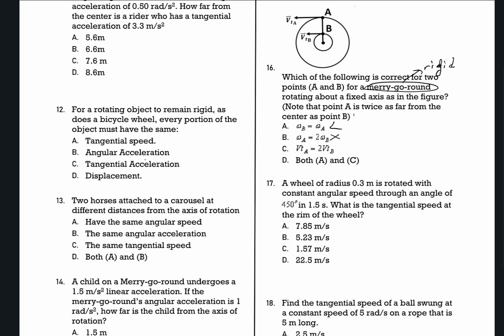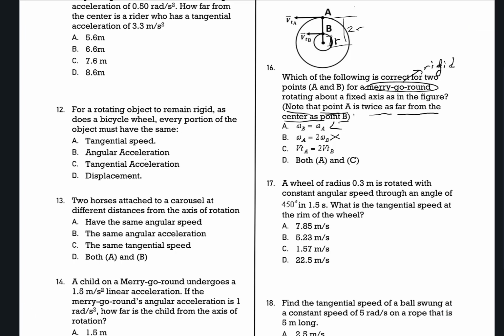Note that point A is twice as far from the center as point B. If the radius of the circle followed by point B is R, the radius of the circle followed by point A is going to be twice that.